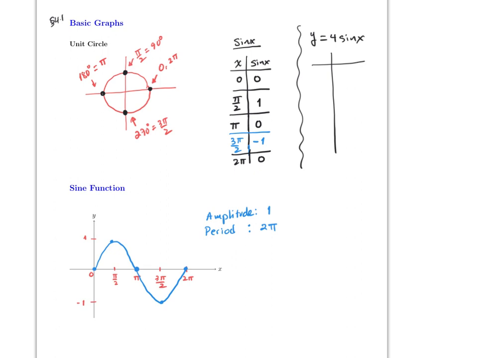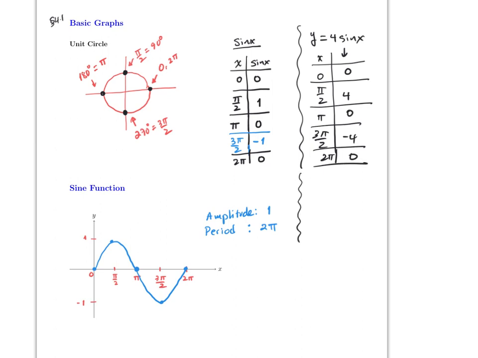You're going to have the exact same x values, 0, pi over 2, pi, 3 pi over 2, 2 pi. And notice that the period is not going to change because it goes from 0 to 2 pi. But now the values are going to change. So 0 times 4 is still 0, but this will give you 4, 0, minus 4, and 0.